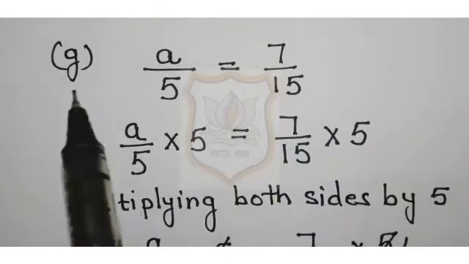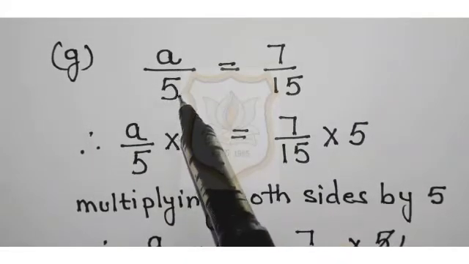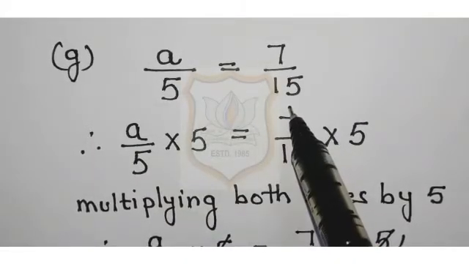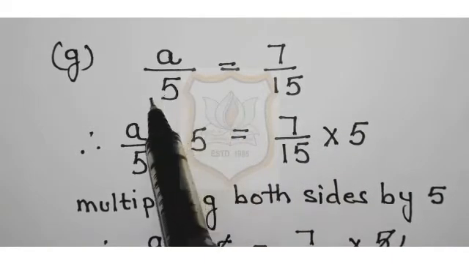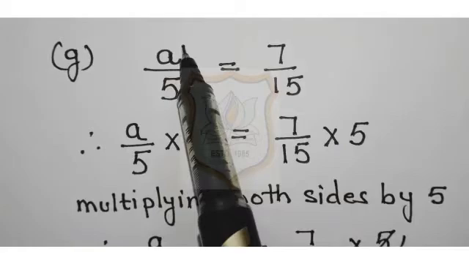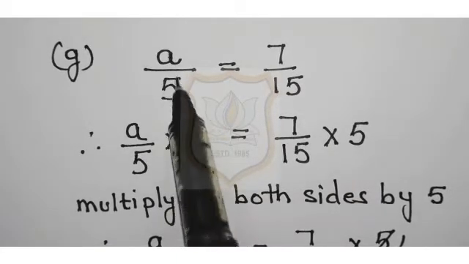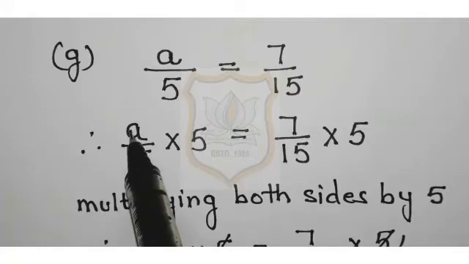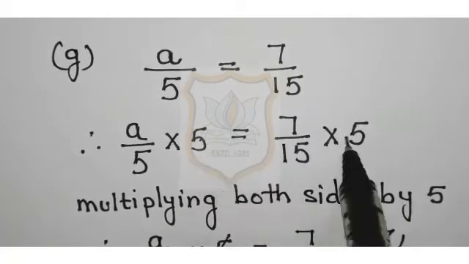Now let us solve G part of question number 2, and that is A upon 5 is equal to 7 upon 15. To solve this, we have to remove this 5 from the equation and we have to isolate this variable A. To isolate this variable A, A upon 5 is multiplied by 5 on both sides of the equation.